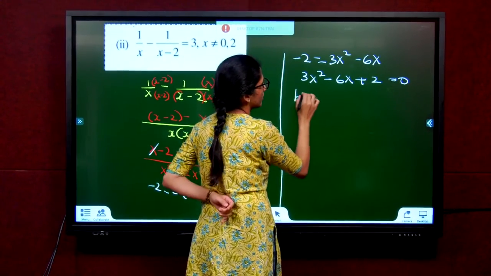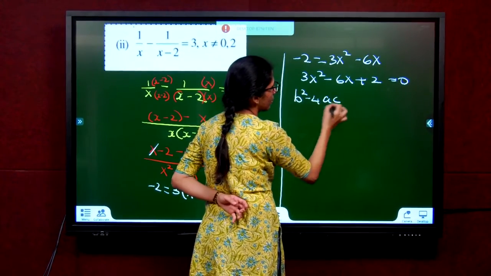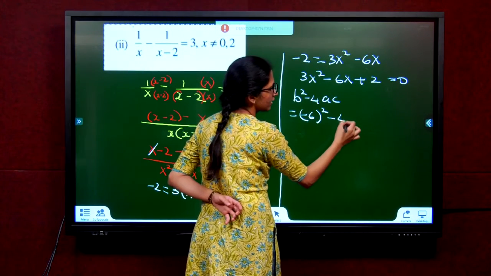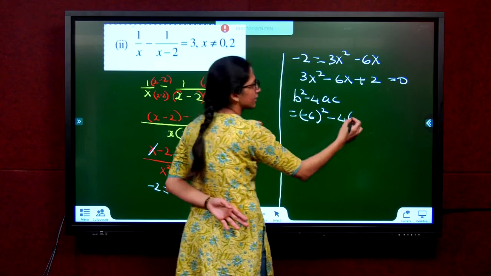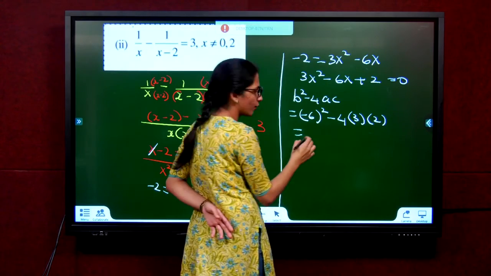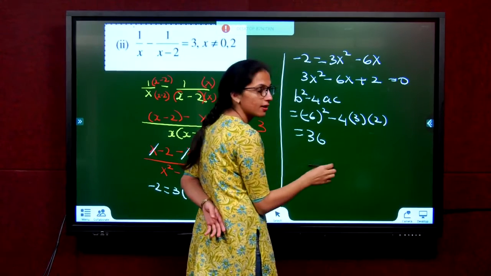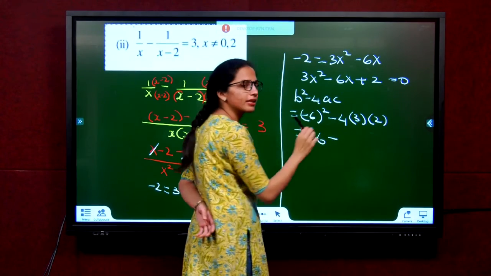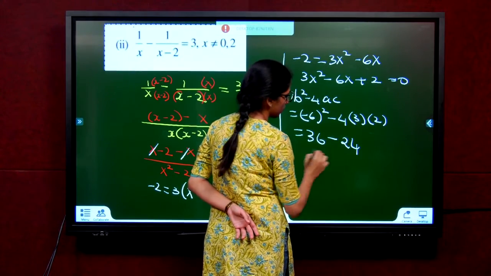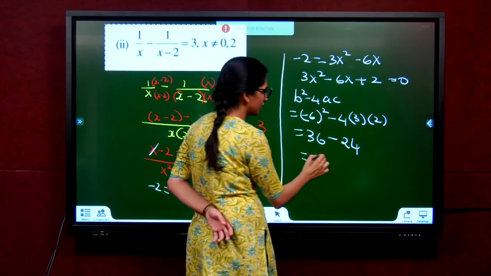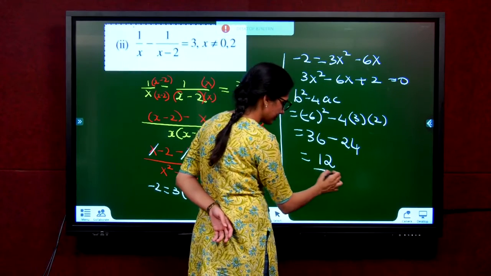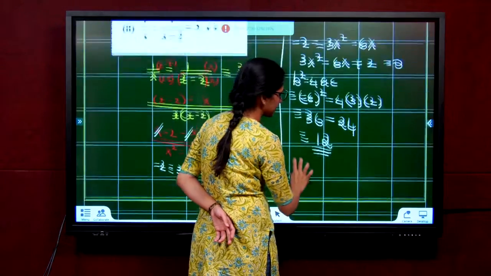First find b square minus 4ac. b is minus 6, the whole square, minus 4, a is 3, c is 2. Minus 6 the whole square, 36. Minus 4 3s are 12, 12 2s are 24. 36 minus 24, 12. Is this greater than 0? Yes, it is. Therefore, roots exist.